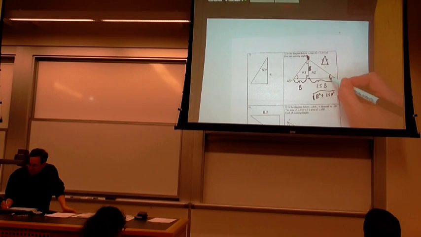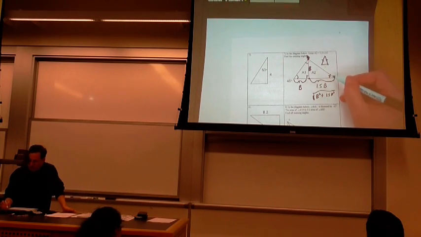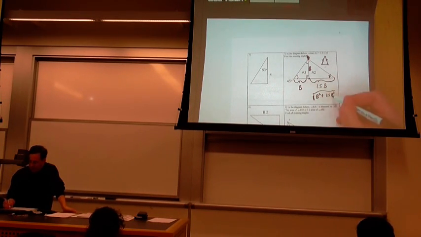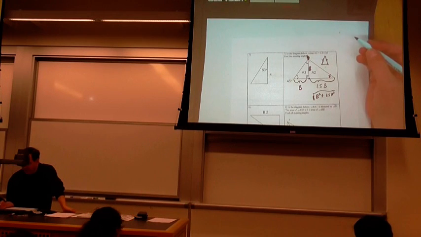For this angle, there's some trig function where you know at least one of its sides. You know the hypotenuse, but that's an ugly number. This is a nice number. What's the trig function I'm looking for here?